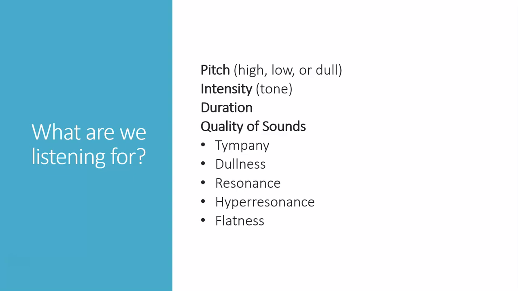So the intensity: soft tones are heard over solid tissue. Moderate tones are heard over fluid-filled areas, and loud tones are heard over air-filled spaces. Again, this is based on the density of the underlying structure. When the density increases, the percussion sounds will become softer or more dull sounding. And we're going to go further into detail on these.